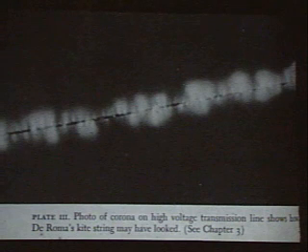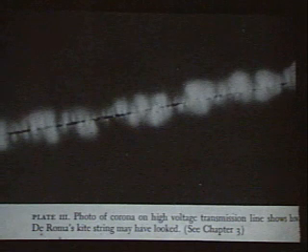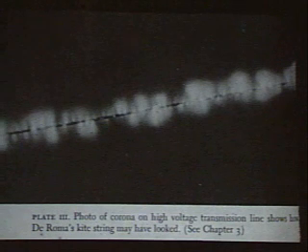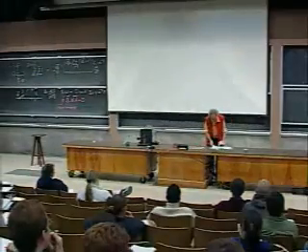Kite strings at night, when you fly them near thunderstorms, can also produce corona discharge and light. That's why they're called Roma's kite string candles. Benjamin Franklin did quite a bit of experiments at night with kites near thunderstorms. Dangerous business, by the way. So you see that these high voltage power lines can go into a corona discharge.